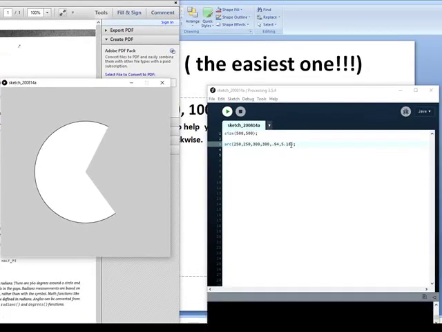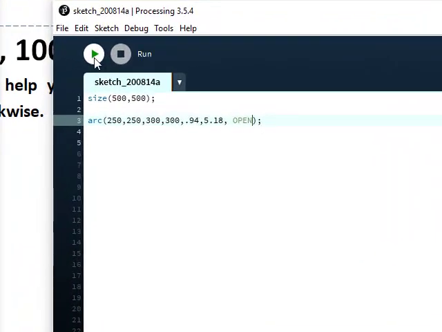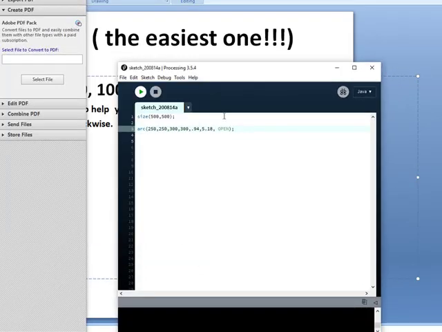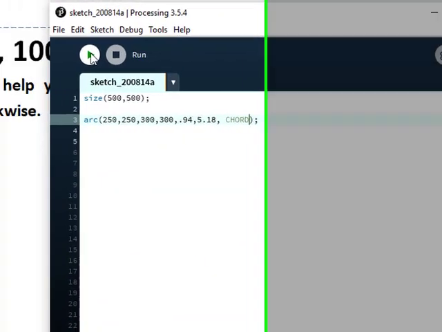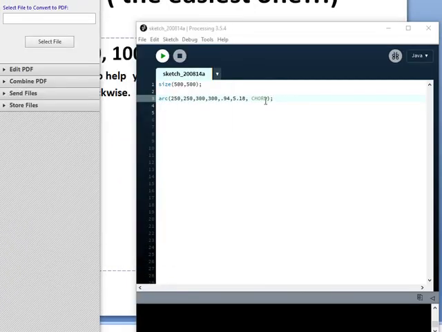Okay, and I could choose to give it a different look at its ending by putting OPEN, and that makes it a straight line, or chord, and that fills it. So I have a line added there. I'm going to take that out.